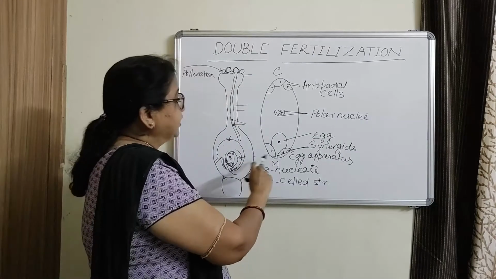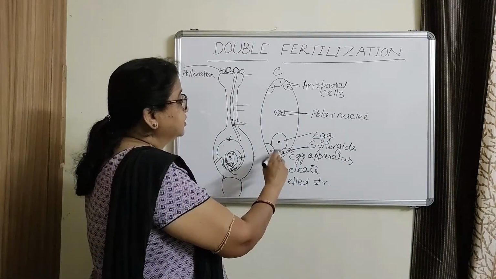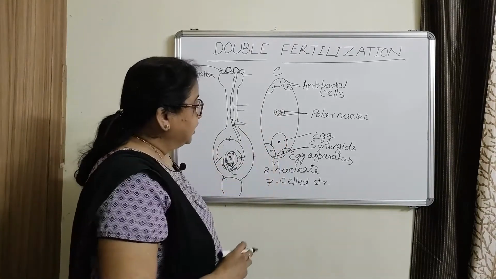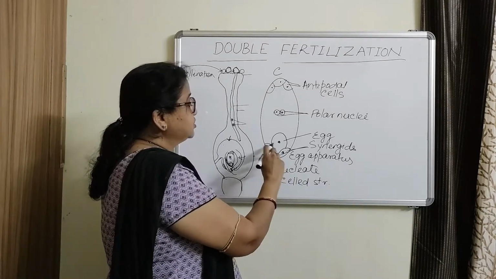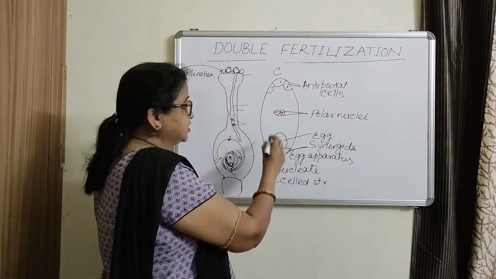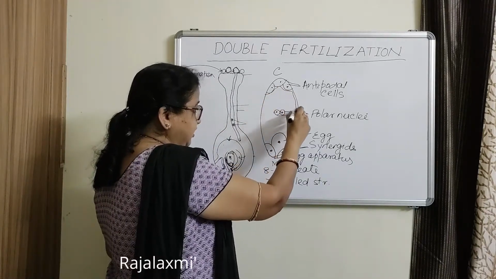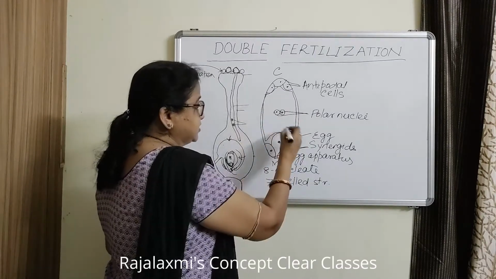So there are 8 nuclei: here 3 nuclei, here 3 and here 2. And the 7 cells are these 2 synergids, 1 egg cell, 3 antipodal cells, and this larger cell which contains the polar nuclei, known as the central cell.